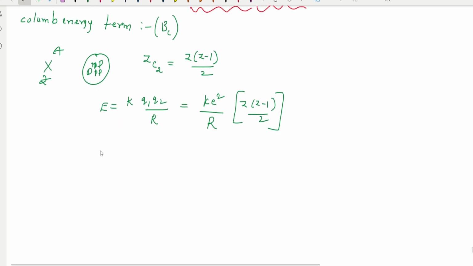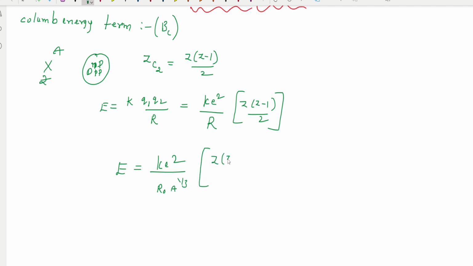Now you can use the basic nuclear radius formula: K e square divided by R naught A power 1 divided by 3, not 2, and Z into Z minus 1 divided by 2.